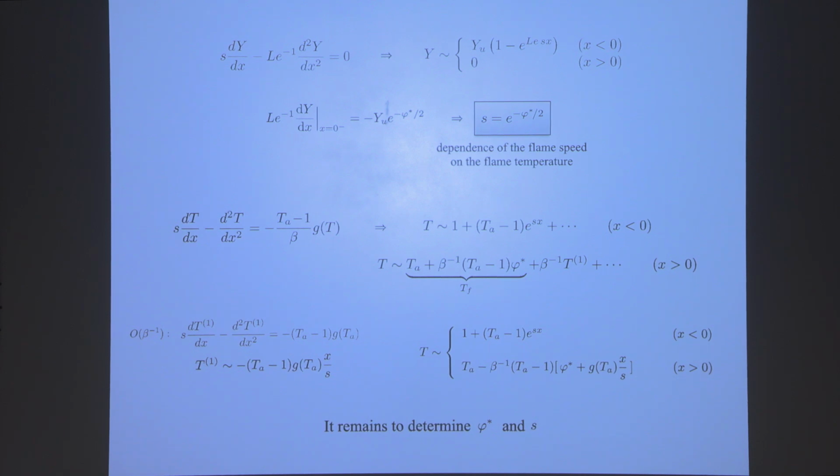So the coefficient in front of it is 0. And you get only a particular solution from the right-hand side, which is just proportional to x. So now we have the temperature with the two unknowns, phi star and s, related that way. Okay? So the next step is to determine those.